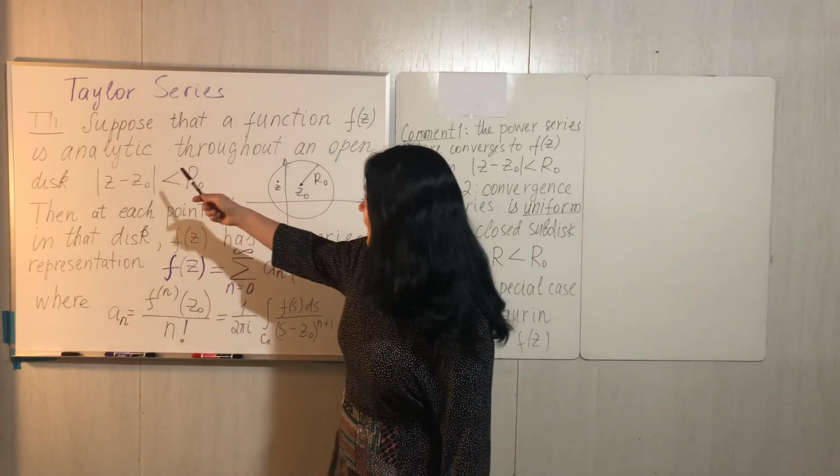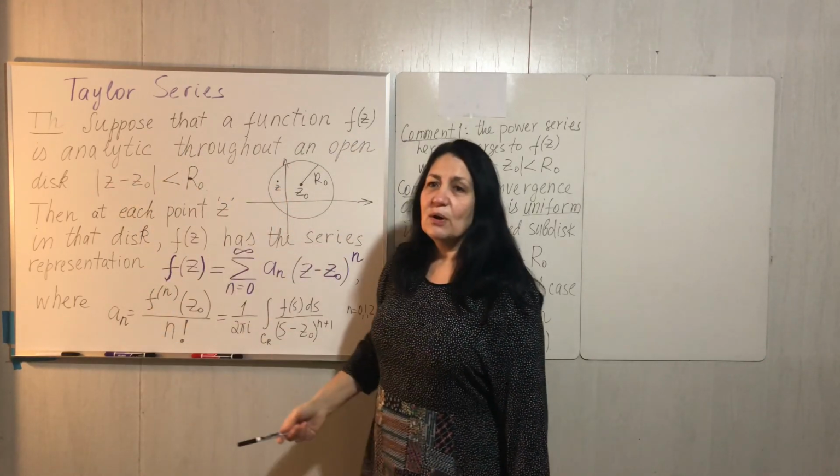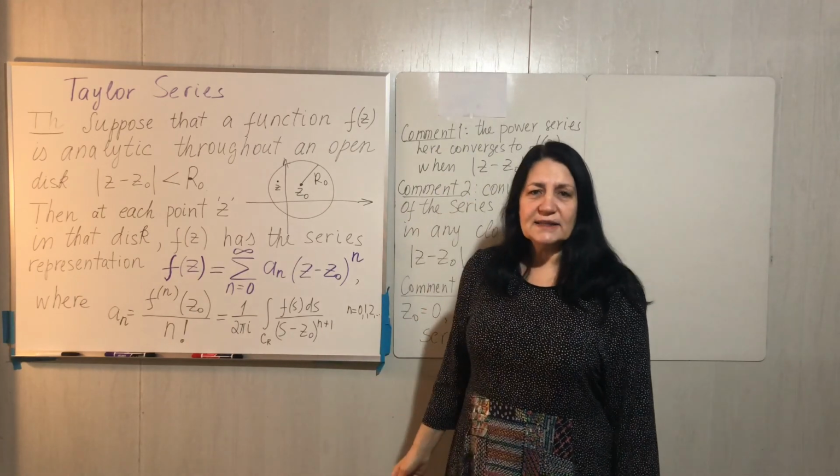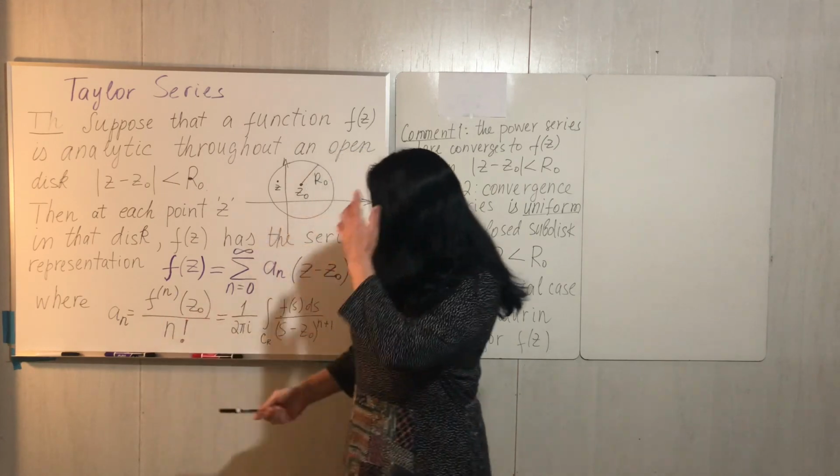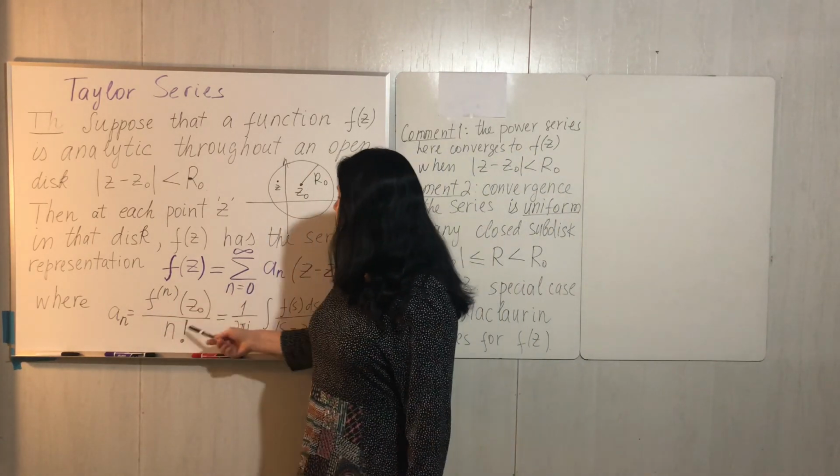Of course, we know that our function is analytic, so according to the generalization of Cauchy's integral formula, we will be able to compute all the derivatives. They will be analytic functions.